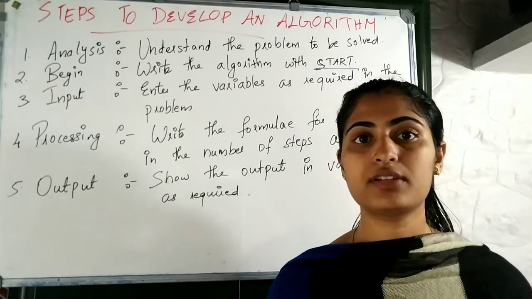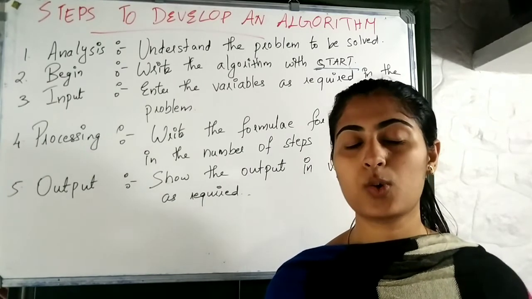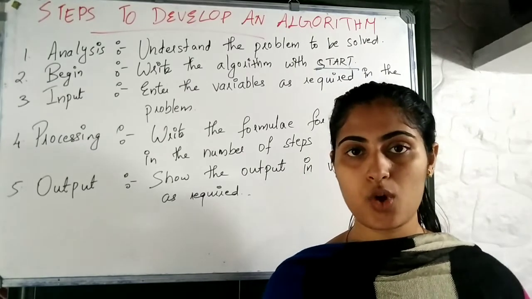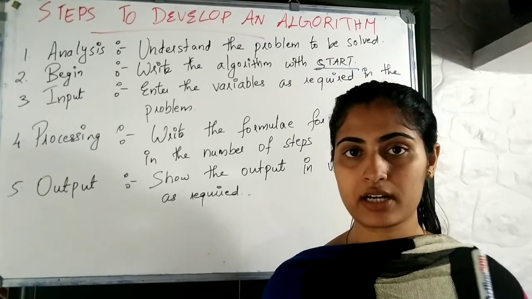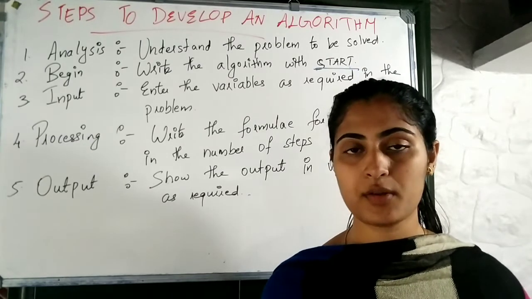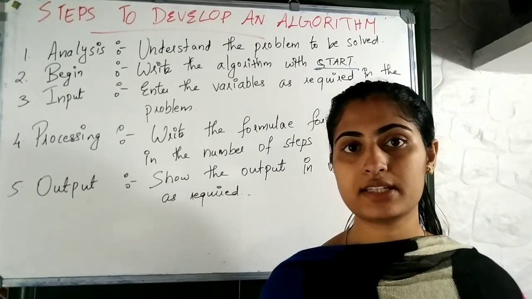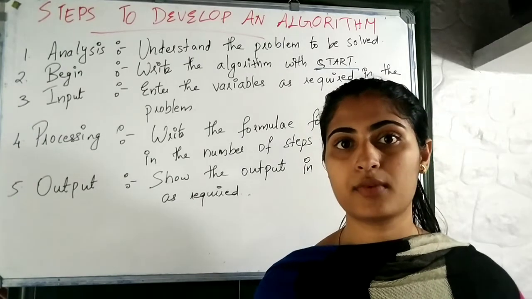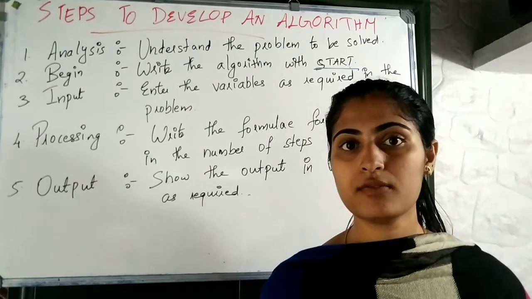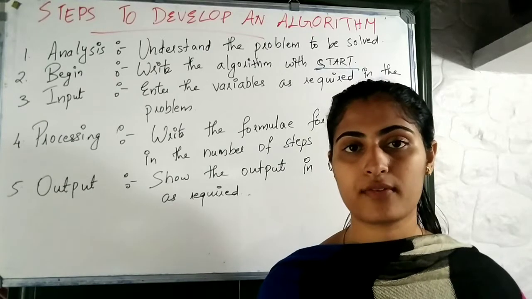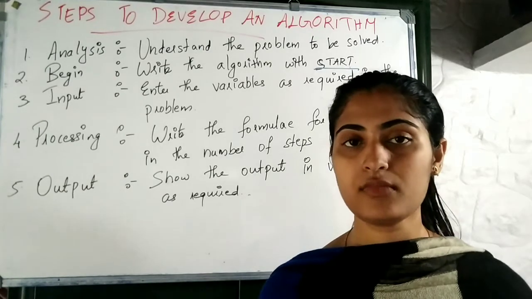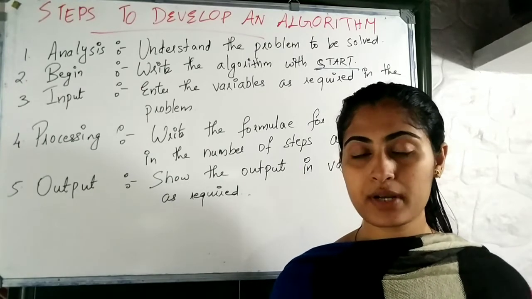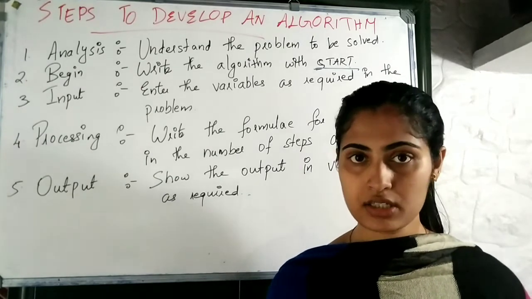And on the basis of this algorithm, he will write code for that problem. This is what programmers usually do. So algorithm plays an important part while you are writing a computer program.